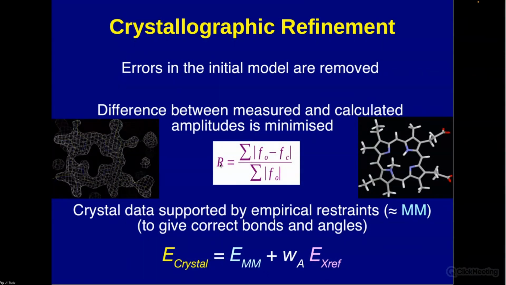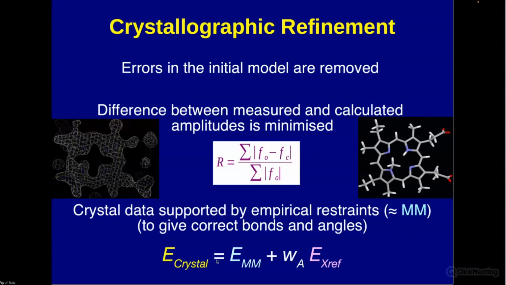You try to minimize that, but it has turned out that that is not enough. So when you do crystallographic refinement, you add a term which is some sort of empirical restraints, which in the language of computational chemistry is essentially a molecular mechanics energy function. So you will almost always use an energy function like this, one crystallographic term and one molecular mechanics term.